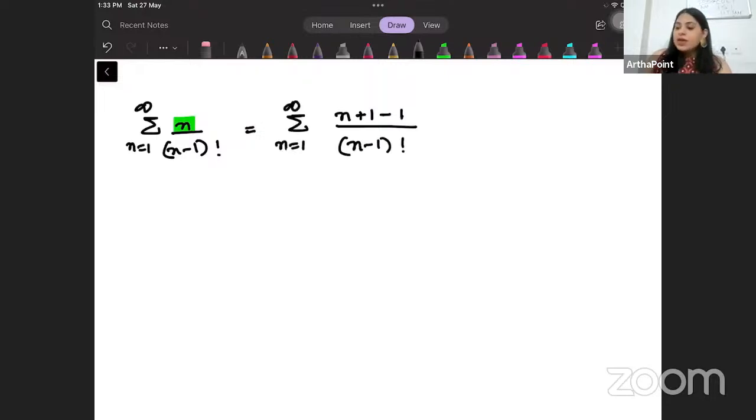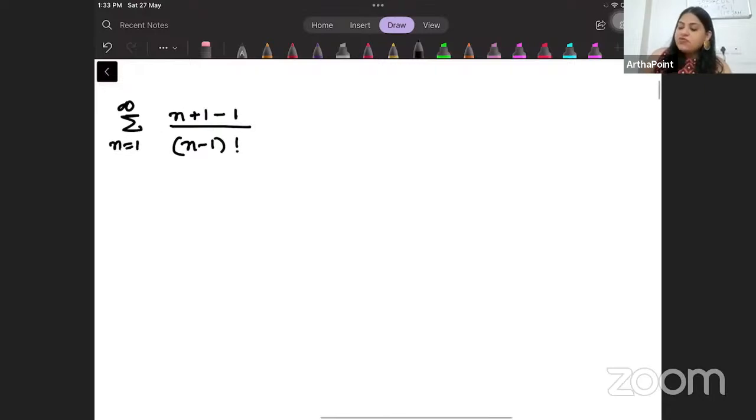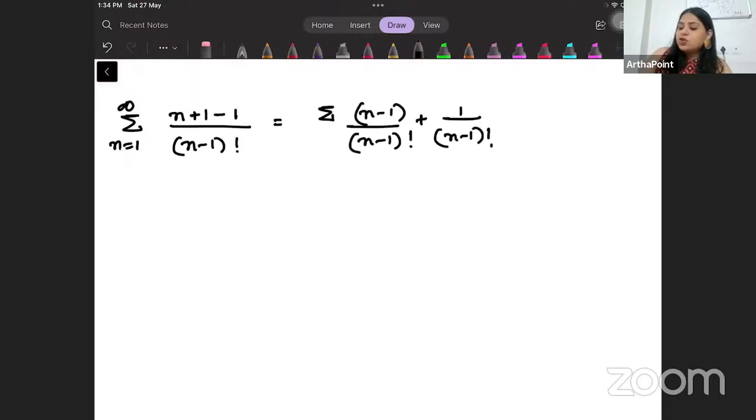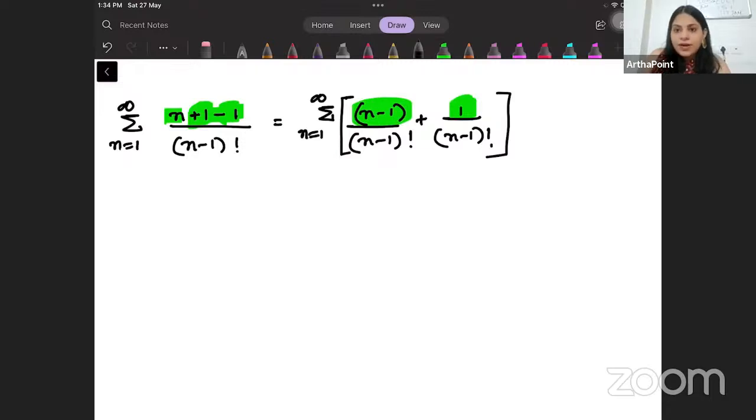Can I rewrite this as the sum of n minus 1 upon n minus 1 factorial plus 1 upon n minus 1 factorial? I have done nothing special. I have taken n minus 1 in the first part and the remaining 1 in the second part, and I'm summing this up again from n equal to 1 to infinity. Is this clear?